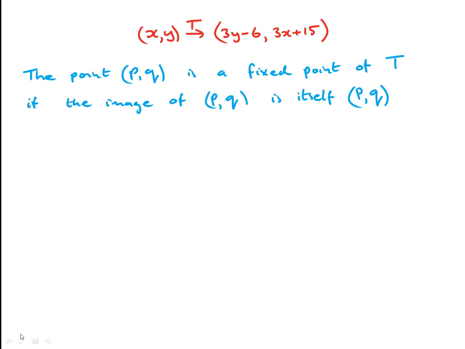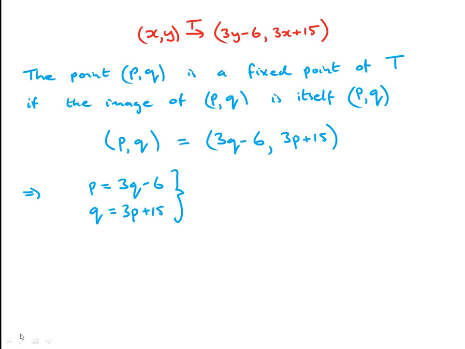In other words, we know that (p, q), the object point, must be the same as the image point, which is (3q - 6, 3p + 15). So we've got a pair of simultaneous equations. We've got p = 3q - 6, and we've got q = 3p + 15.